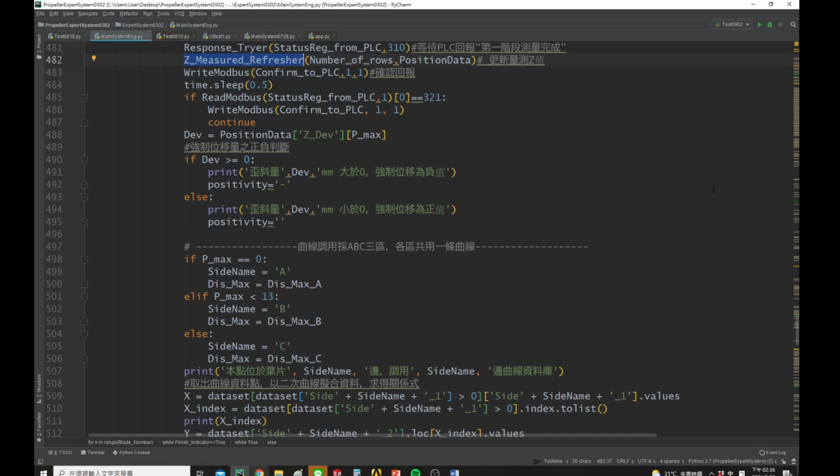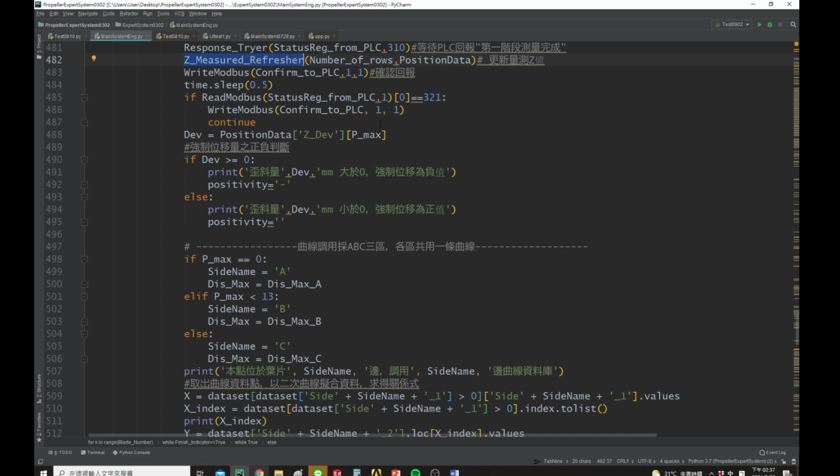For example, now the maximum number is 3, and we copy all the columns back to our position data, and then we check point 3. Maybe the deviation is positive 0.35, for example.